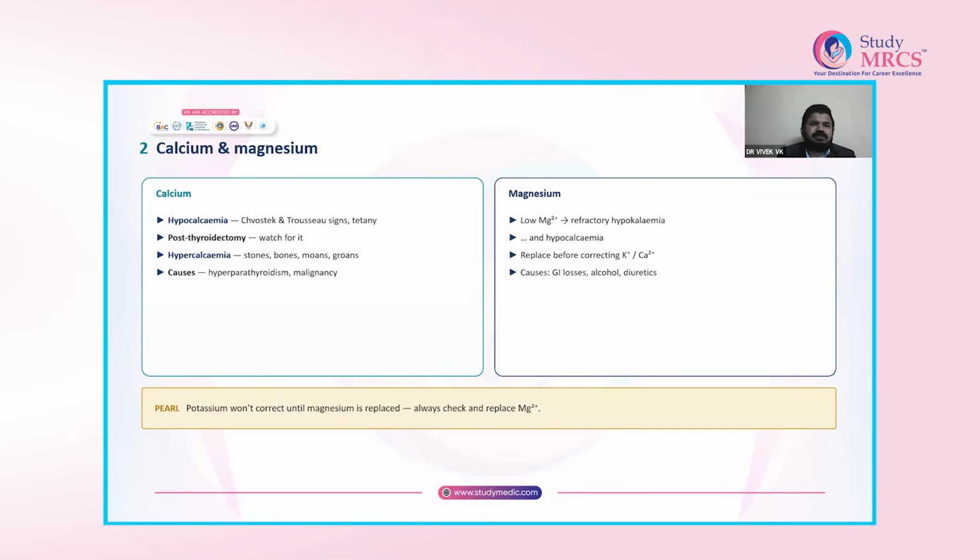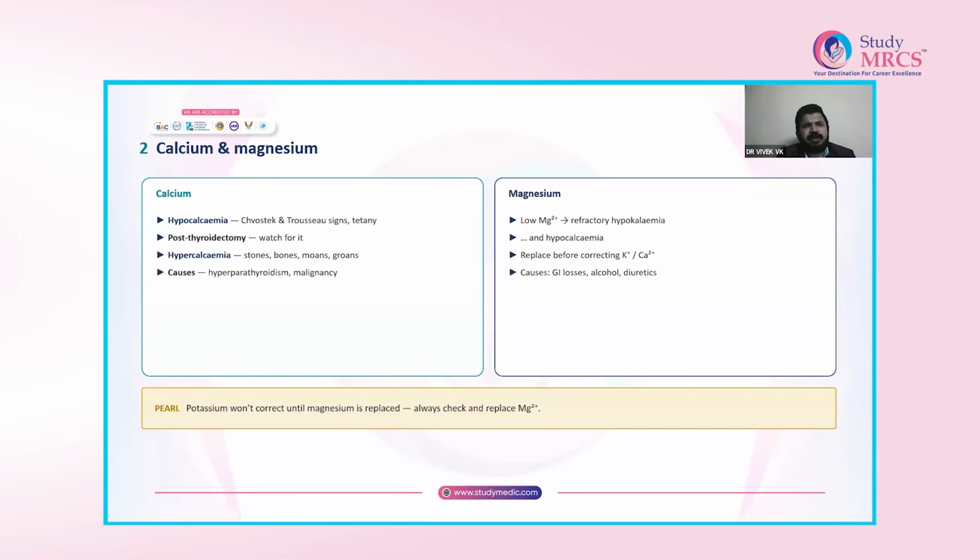Sometimes during thyroidectomy, the blood supply to the parathyroid, which comes from the inferior thyroid artery, may be lost. So that can cause hypocalcemia.